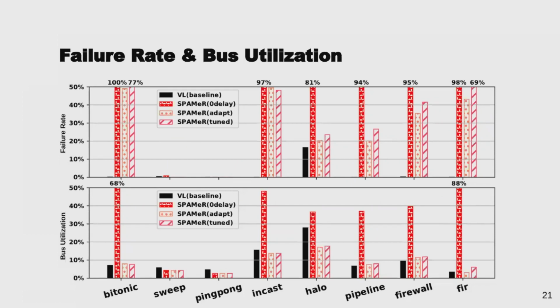Because the speculation does not have the requesting traffic, a failure rate lower than 50% means there is a chance to have fewer transactions going on the bus. And the bottom chart backs up this claim. We see SPAMeR with the adapt algorithm and the tuned algorithm have a comparable bus utilization to the baseline virtual link.